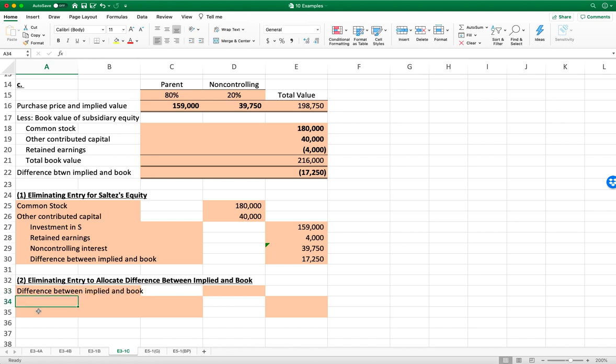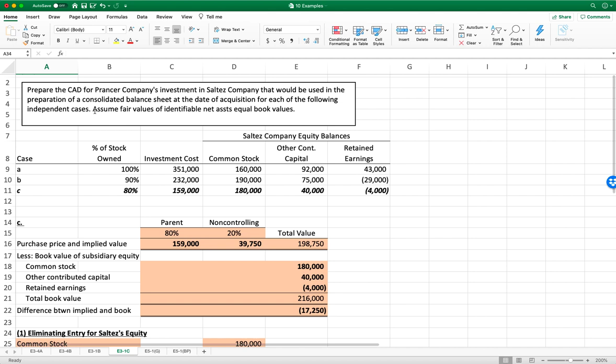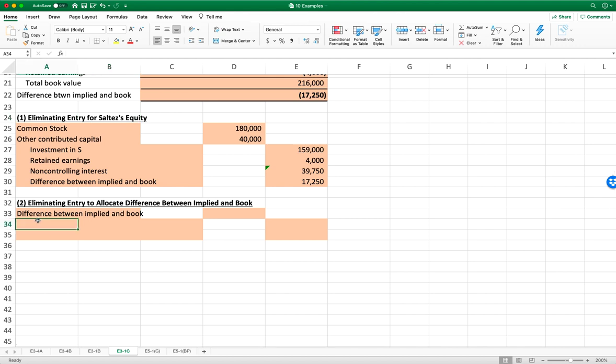Now we need to figure out a place to put these. Again, it might be fair value adjustments, except that they told us to assume the fair values of the identifiable net assets equal their book values, so there are no fair value adjustments. So then we think goodwill. Okay, except we're looking for something with a credit balance, and goodwill by definition is an asset that has a debit balance, so that's not going to be right.